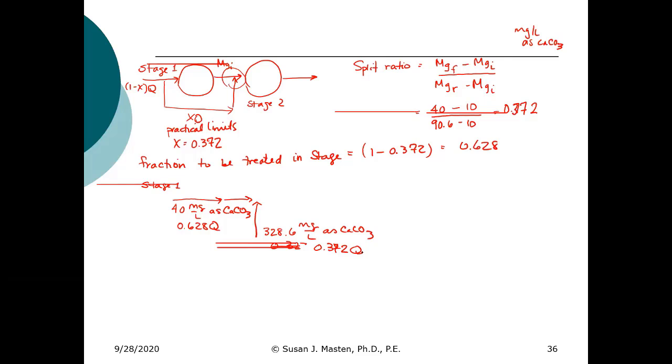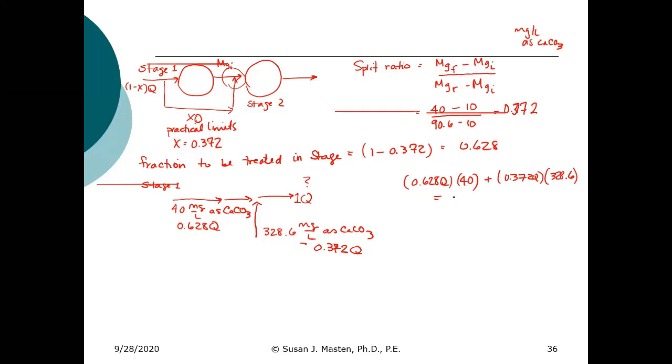So we have 0.372 Q. What we want to know is what is the concentration here? Q is just one, it's 1 Q. So we can write a mass balance. We have 0.628 Q times 40 plus 0.372 Q times 328.6.